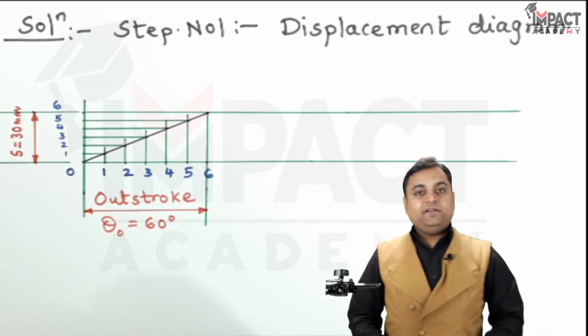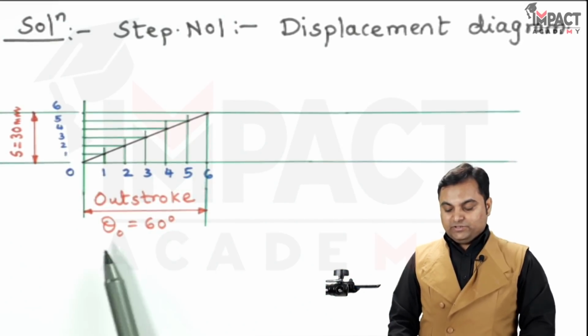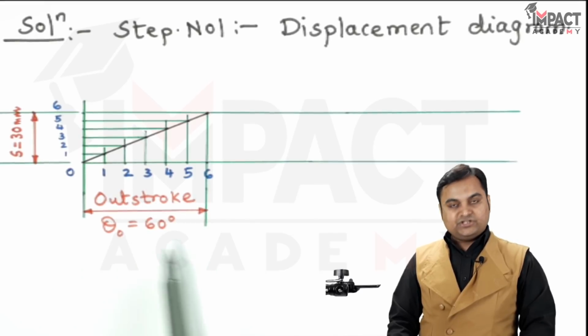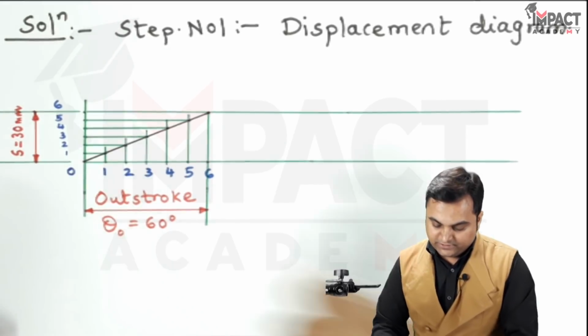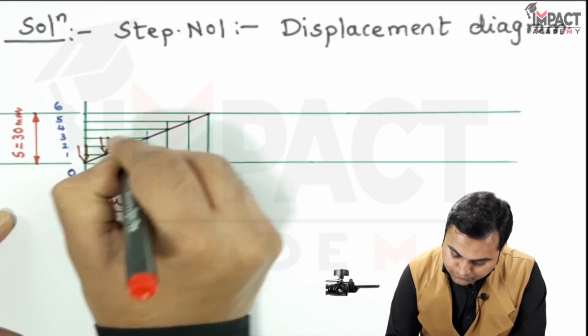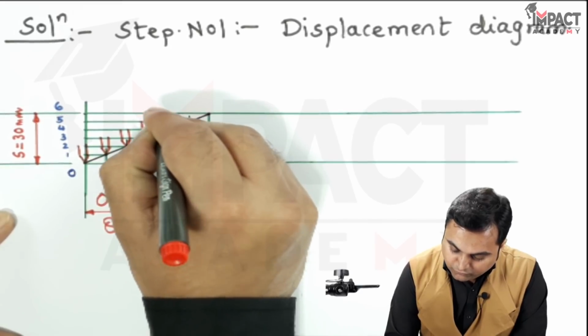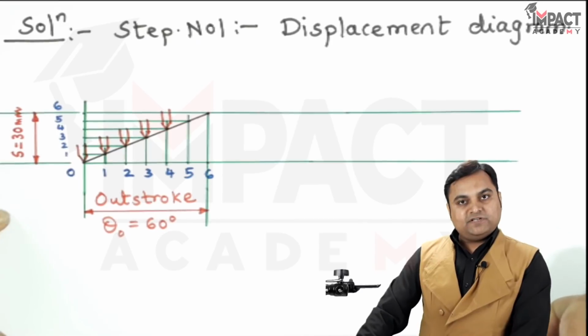So this dark line indicates the follower rise during 60 degree of cam rotation, which is the out stroke, and I'll just explain that the follower moves up from 0. This follower movement which I am showing here need not be shown on the displacement diagram.